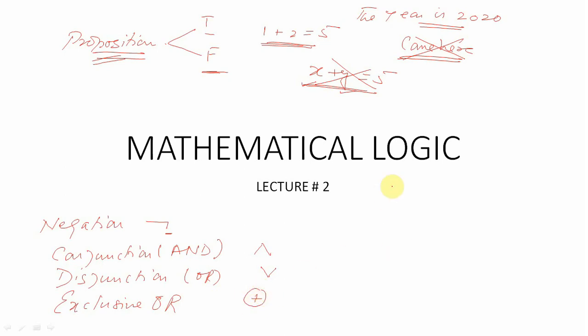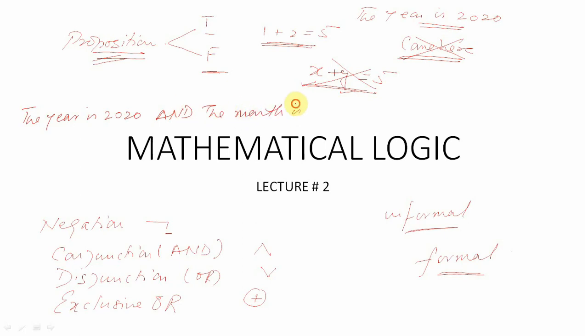We also saw that propositions can be represented either in an informal manner or a formal manner. Informal manner means a simple English statement, and formal manner means a mathematical statement. I can give you a statement like, the year is 2020 and the month is August.